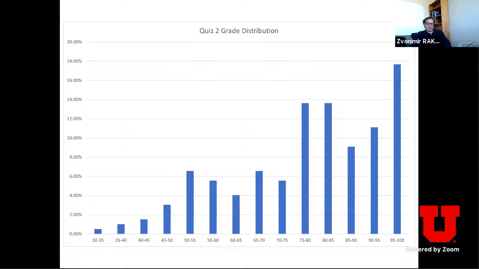If you look at this, almost 20%, almost 1/5 of the class scored above 95, for example. More than half of the class scored above 80. So these are good scores for quiz 2. And don't forget that we do drop the lowest quiz grade. So if you didn't do well on quiz 2, but you do well on other quizzes, you can still get a really good grade.